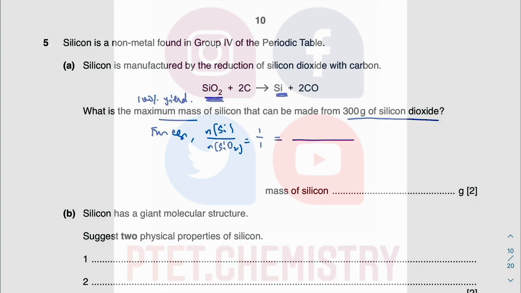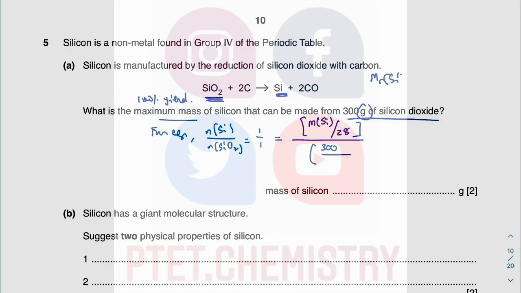On the right hand side, I will put in the actual amount. The mass of silicon divided by the relative atomic mass of silicon, which is 28. This ratio from the balanced equation will be the actual amount produced divided by the actual amount reacted. So there's 300 gram, which is the correct unit.